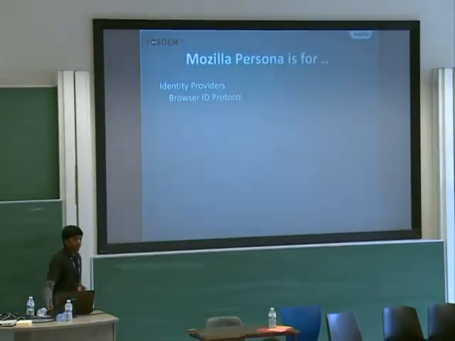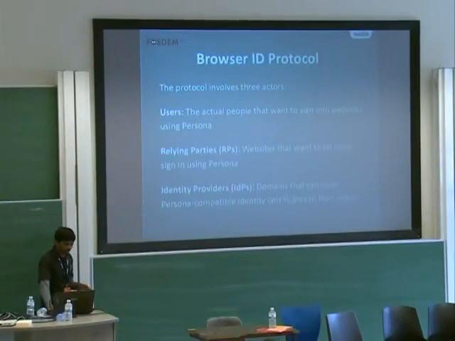And let me tell you, Persona is basically working on the BrowserID protocol. Let me tell you how that BrowserID protocol works. Mainly this protocol has three actors: users, relying parties, and identity providers.